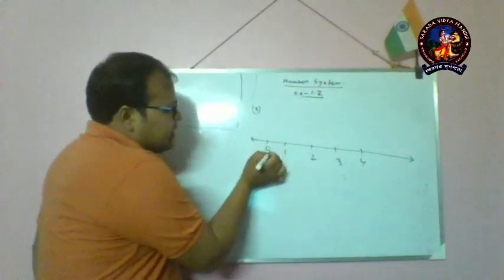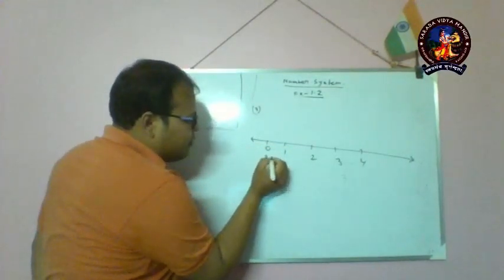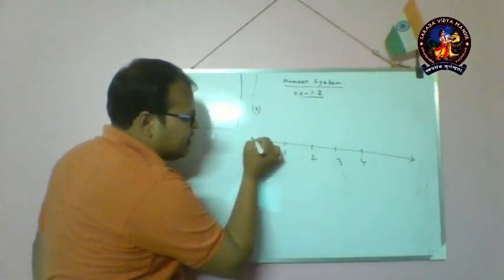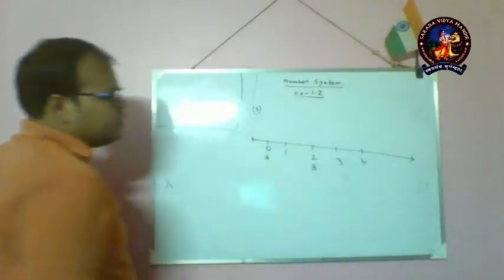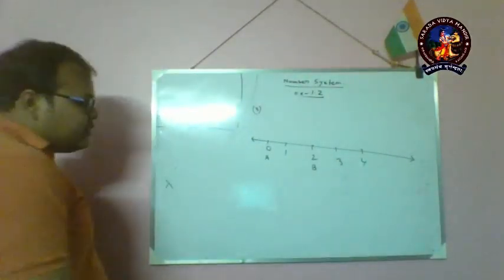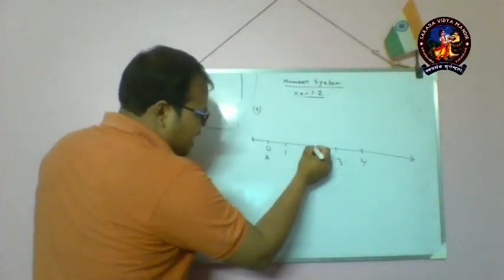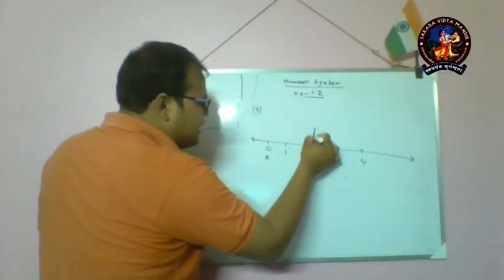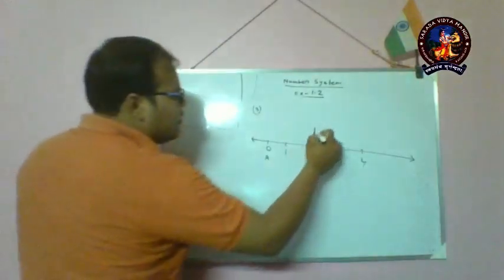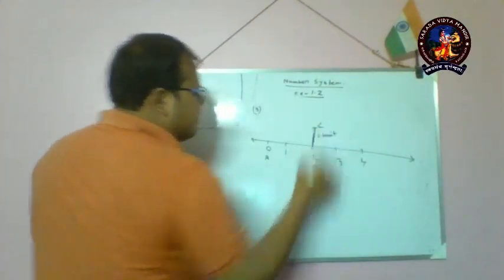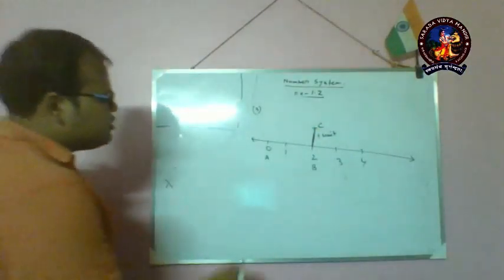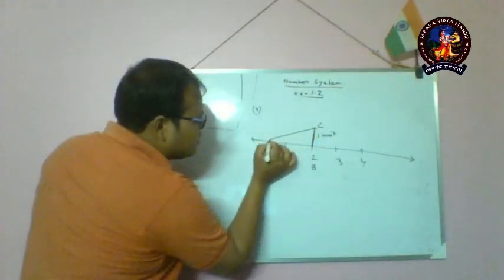Let's take 0 as our point A, and let's take the length of the base to be 2. So at point 2 I am giving B, and at point B we have to draw the height, that is perpendicular, of length 1 unit. So at the end I am giving C. Now let's join the hypotenuse AC.